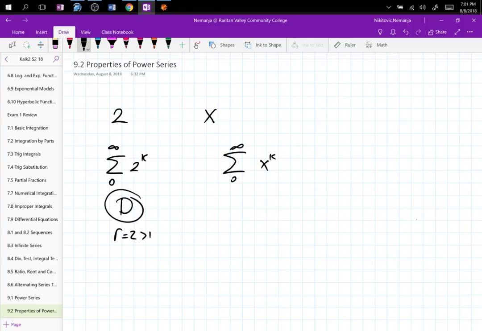So you see that we actually have an interval for x values under which it converges, otherwise it diverges. And that is what we call the interval of convergence, and then half of that interval is the radius of convergence.